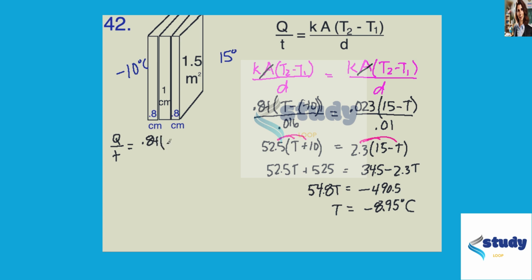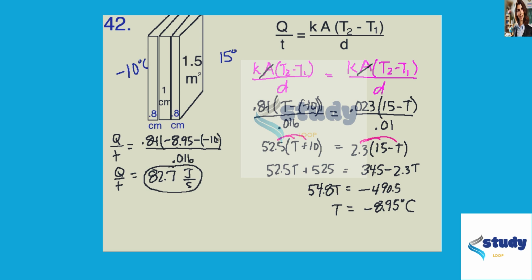My change in temperature goes from negative 8.95 to negative 10, so minus negative 10. And my area is both panes of glass, 0.16. So I get my rate of heat transfer is 82.7, and that would be joules per second, or I could call that a watt. So that was part A.